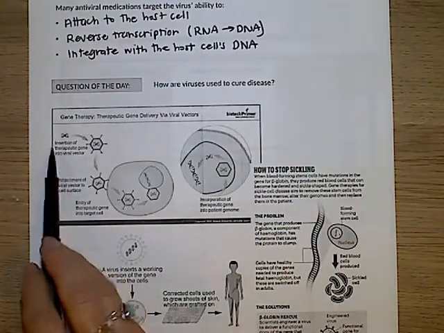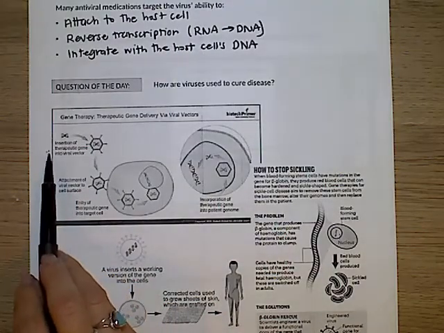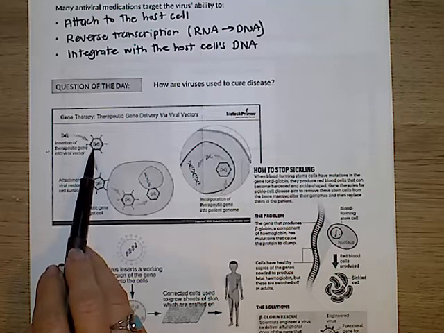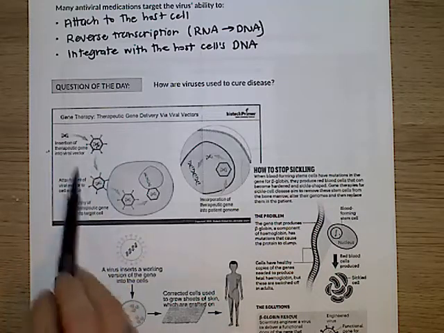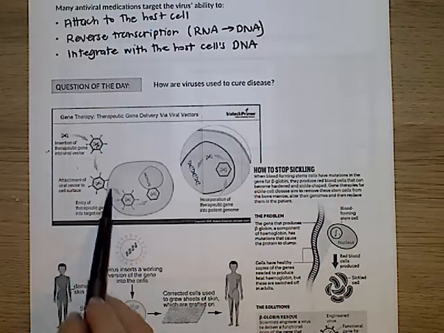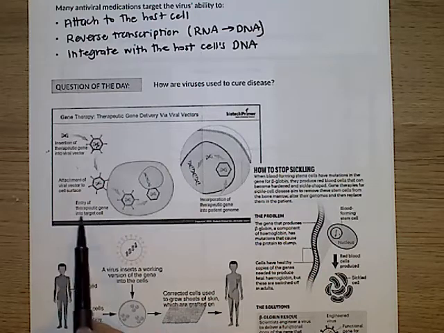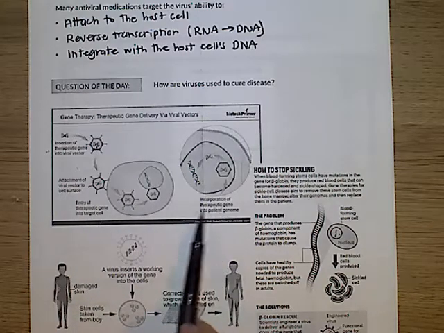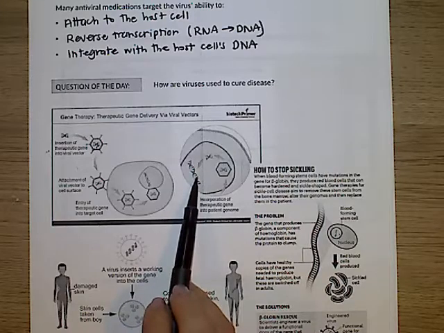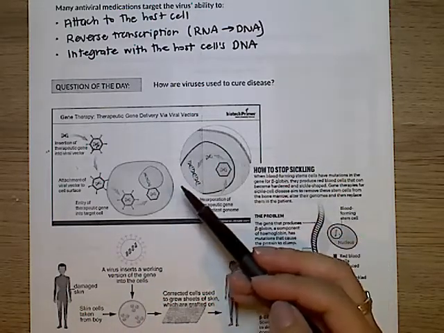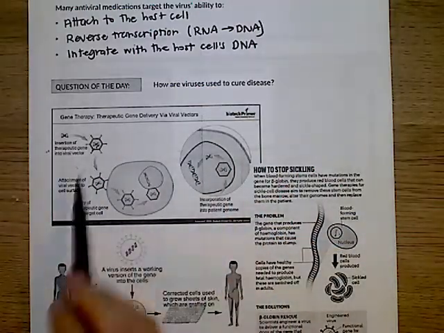So if you can insert a therapeutic gene into a viral vector, so you've got a virus and you put the gene that you want inside there, and then it attaches to the cell surface, enters in, and then that DNA will incorporate itself into the patient's genome and will make the proteins that that patient is lacking or whatever it is that they need. So that's just a general idea.